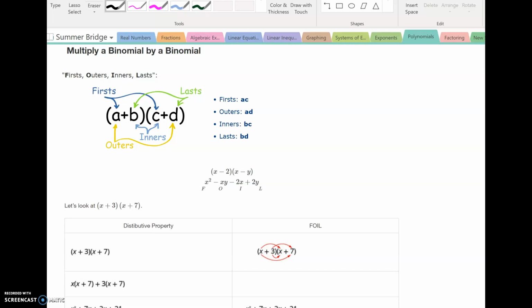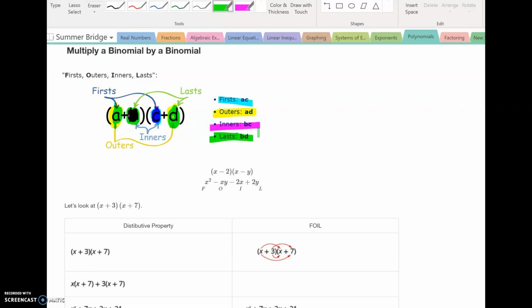And that's when you've probably heard the FOIL acronym, first, outer, inner, last, where basically you multiply the first two terms together, then the outer two terms together, then the inner two terms together, which I'll do in purple, the middle two terms together, and then you do the last two terms together.